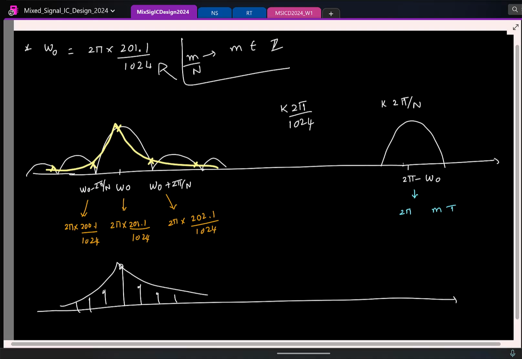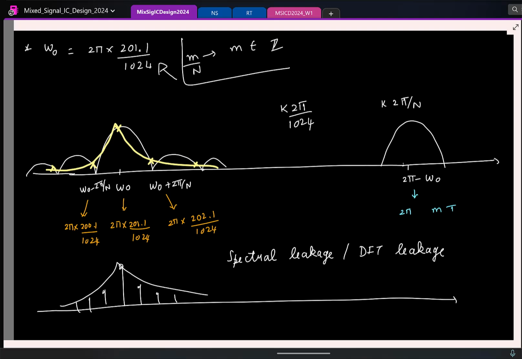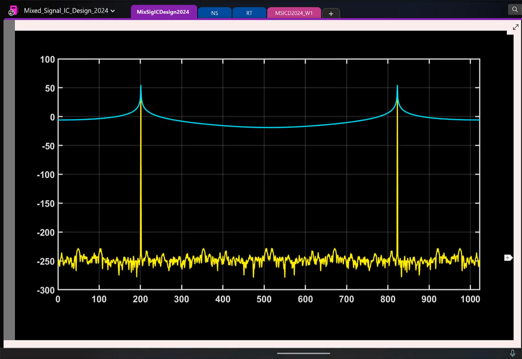So this is something you obviously don't want, and this is often called spectral leakage, or DFT or FFT leakage. So if I did that experiment again to verify if what we expect is what happens.